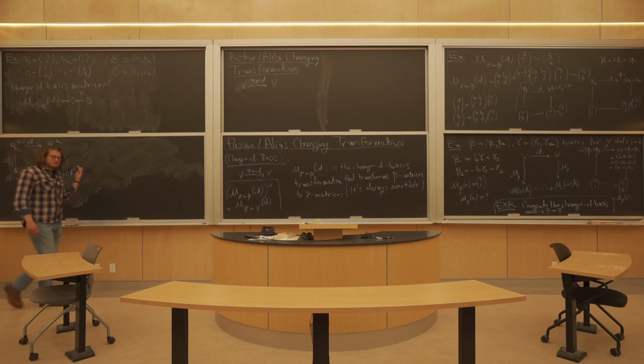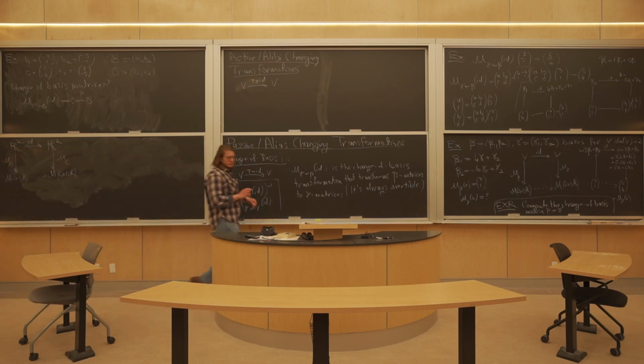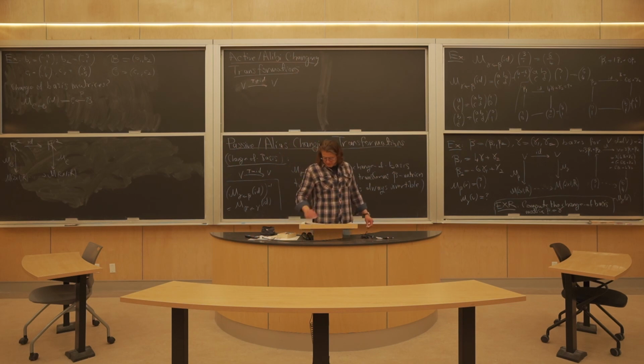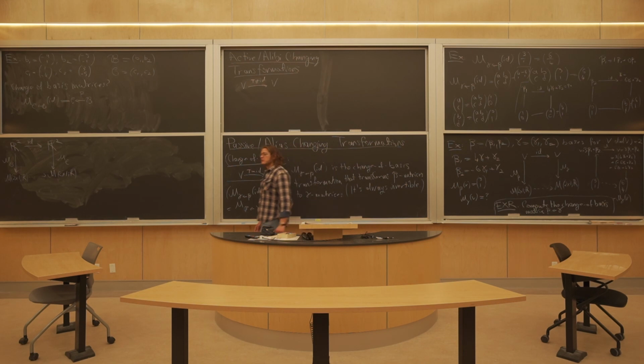Well, maybe I should ask, what should I do here? How can I proceed? First of all, the matrix that I'm going to multiply with should be 2 by 2, right?